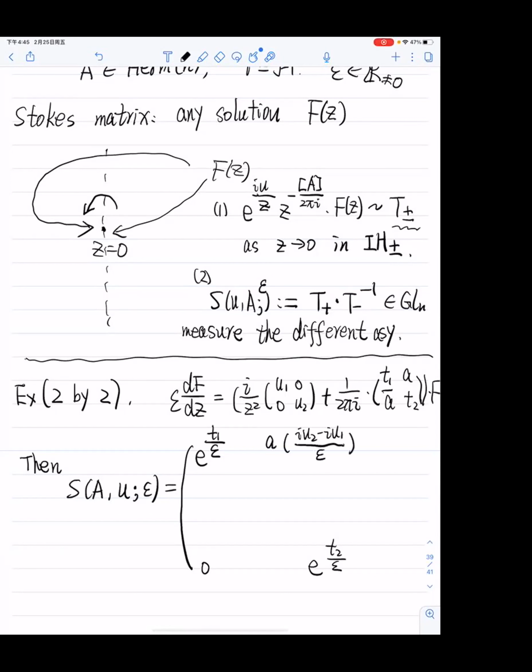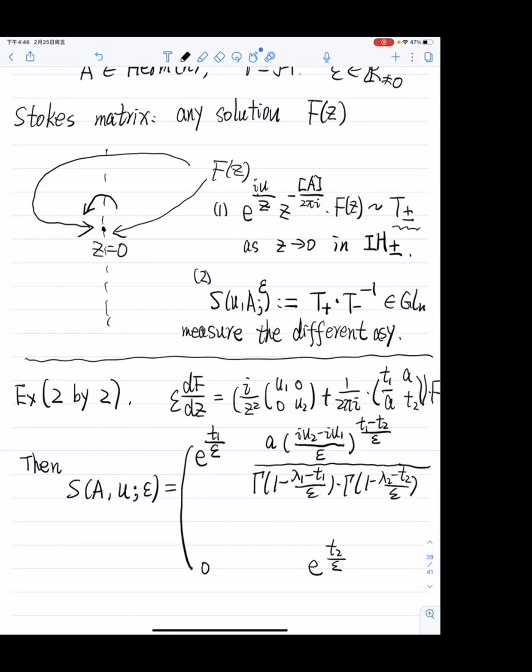Let me write it down: T1 minus T2 over epsilon, and you have more terms, divided by gamma of 1 minus lambda 1 minus T1 over epsilon, times T2 over epsilon.